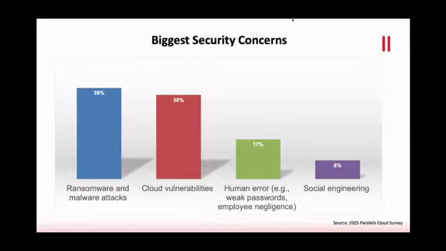Organizations understand that while providers secure the infrastructure, misconfigurations or unpatched services within the environment remain prime targets for attackers. Interestingly, though, human error then came in, and that's things like weak passwords or employee negligence. They continue to be recognized as a significant risk factor, despite the heavy investment in tools and people, that make mistakes and create gaps for adversaries to exploit.